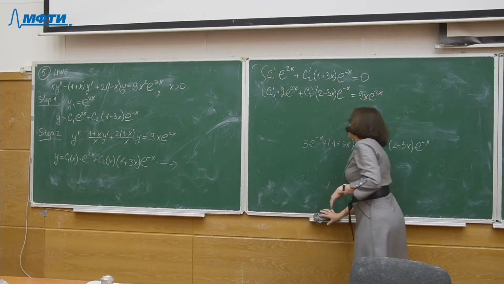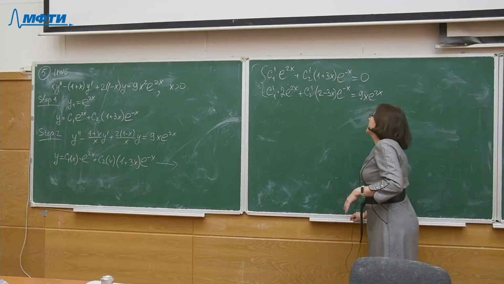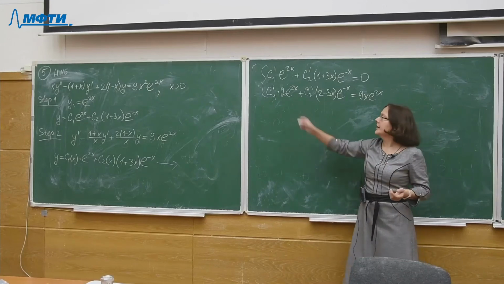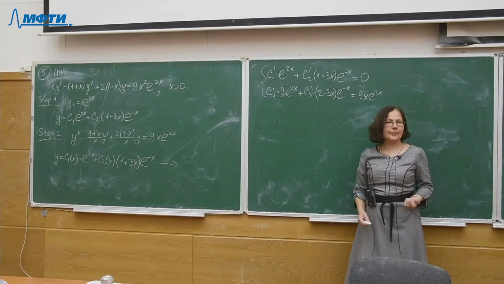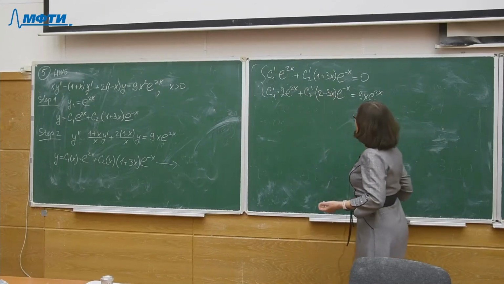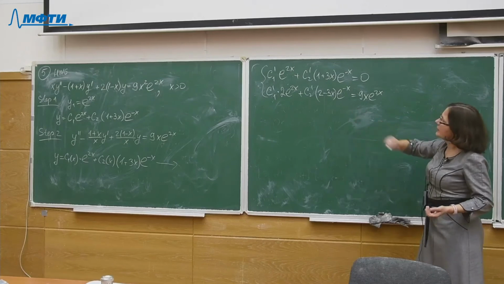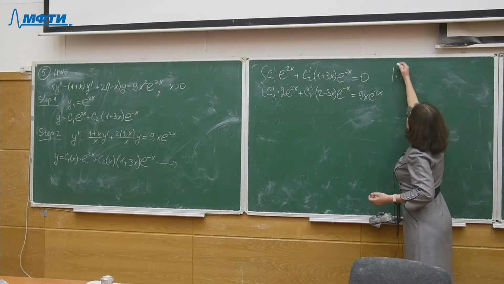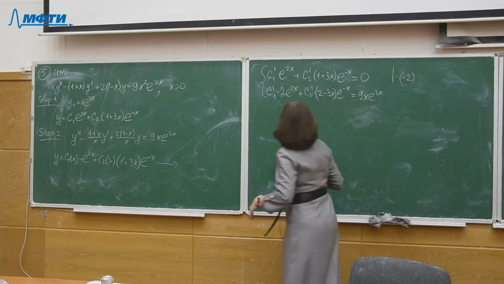And we need to solve this linear equation, and our first goal is to find the functions for C1 prime and C2 prime. Right, let's try to solve this. Maybe we can easily eliminate C1 prime if we multiply the first equation by -2 and add to the second equation, and we will get the following.